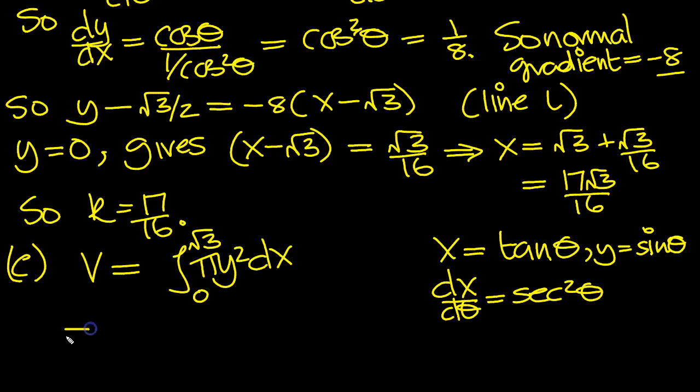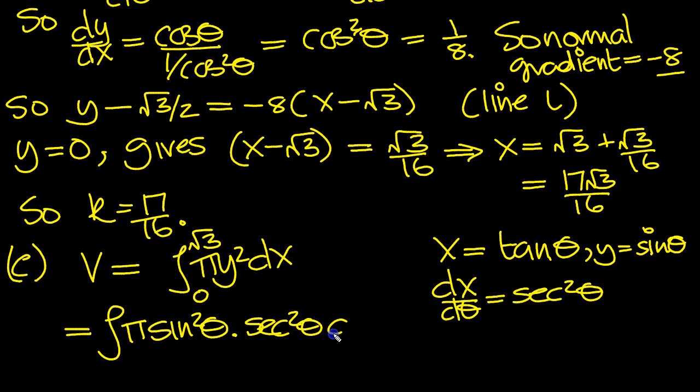So this is equal to pi y squared. Now y squared is sine squared theta, times dx, which is sec squared theta d theta.